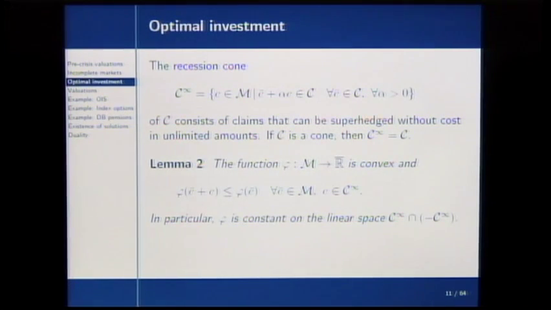So if the agent adds anything from the recession cone, he can only get happier. Those he can always hedge without any cost. And in particular, we get from this that the value function is constant on this linear space. This is the largest linear space you can fit inside the set C. In convex analysis, it's called the lineality space of the set.